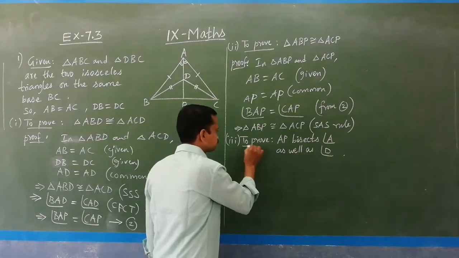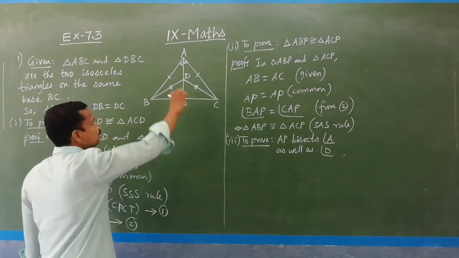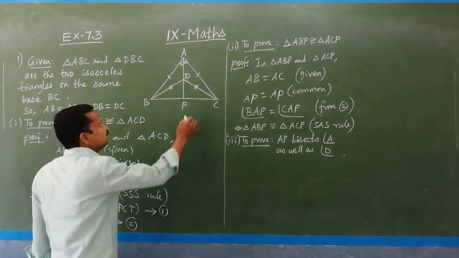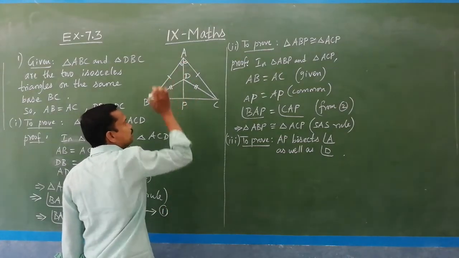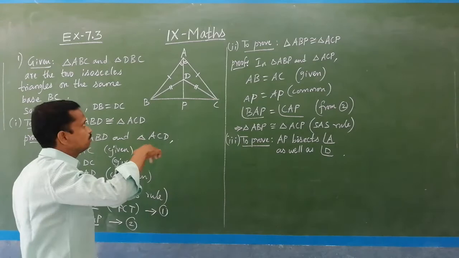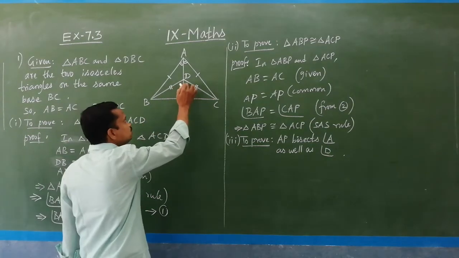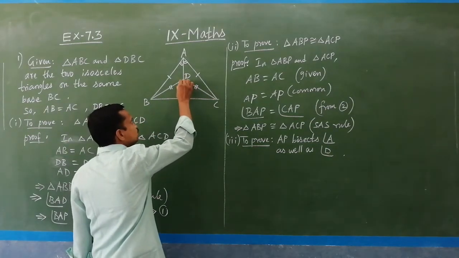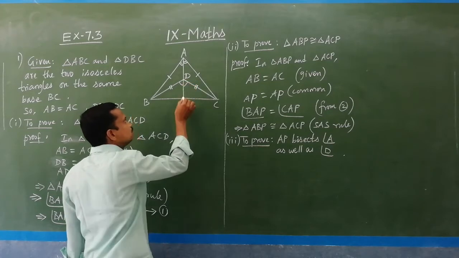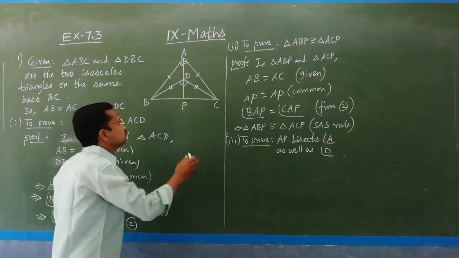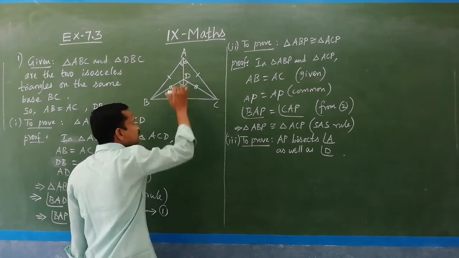Clear? AP bisects angle A means this angle A. AP bisects angle A as well as angle D means these two angles. You see here, we have to say these two are also bisected by AP.